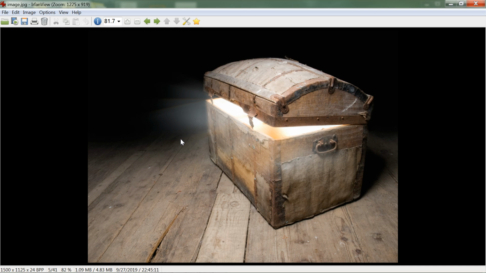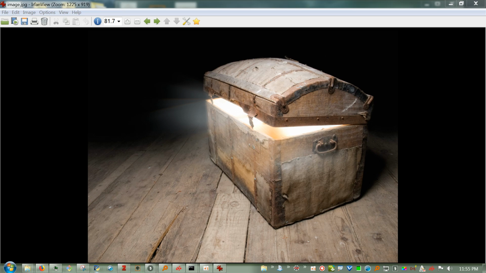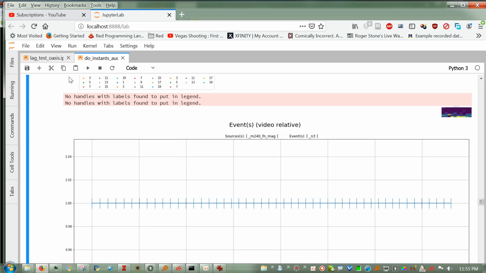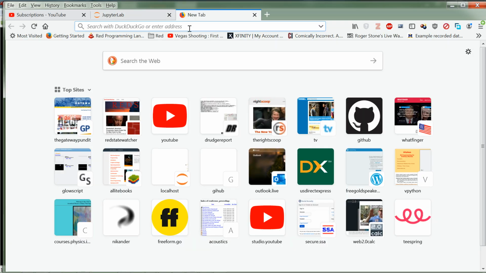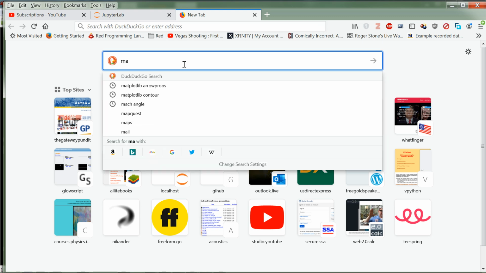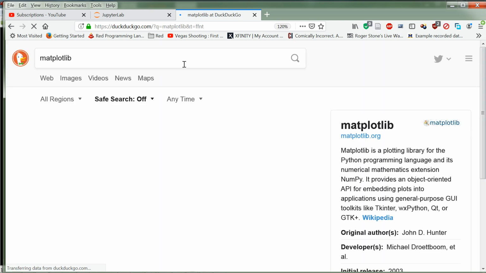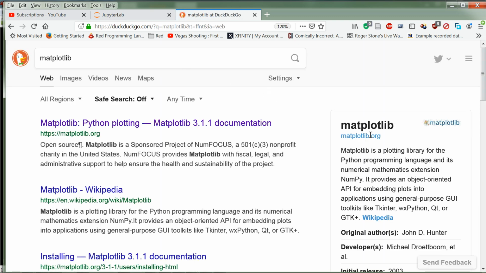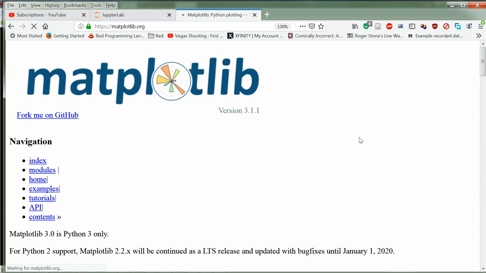All you have to do is type in Python matplotlib, and then go look at the example. Well, here, why don't we just do it? Go up to here, and we'll type in DuckDuckGo. Yeah, of course. And it'll bring you right up to matplotlib over here or anywhere.